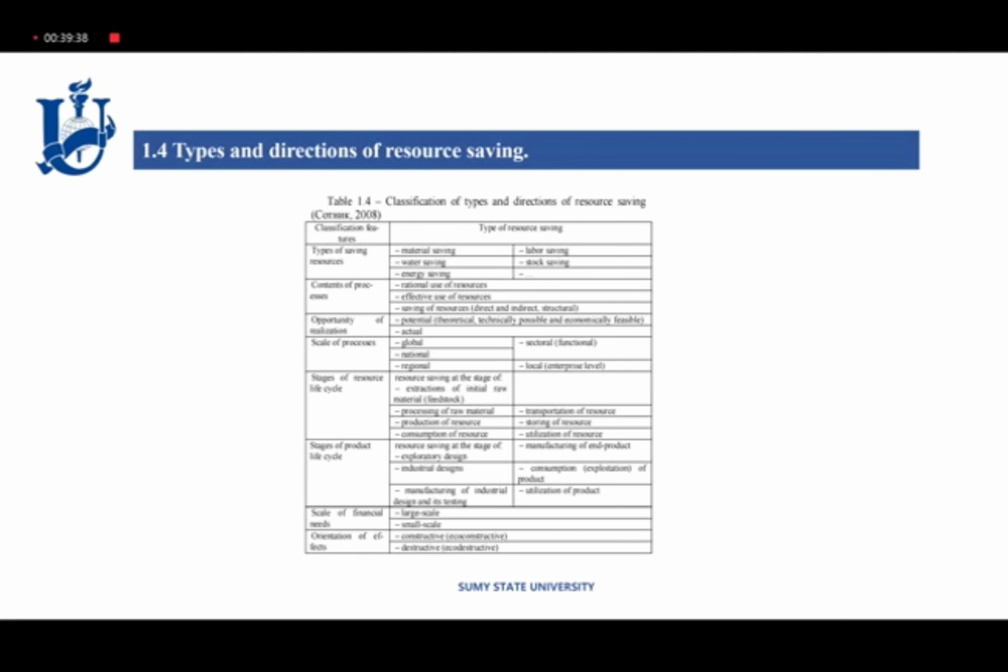By scale of financial needs: large scale, small scale. By orientation of effects: constructive, destructive. Considering the classification of types and directions of resource saving helps to understand better the social, ecological, and economic nature of the resource-saving process and the diversity of its expression.